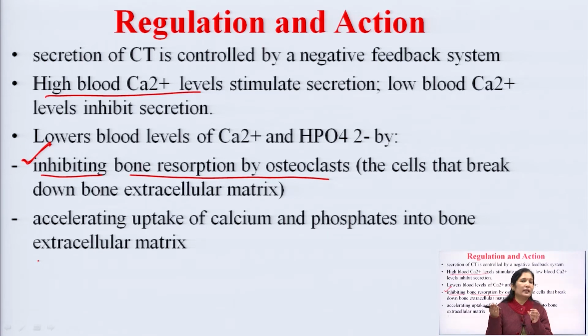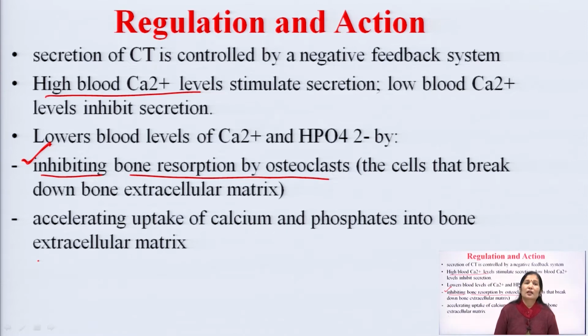There is already an increase in the blood calcium level, and an increase in blood calcium level releases calcitonin. Calcitonin will stop osteoclast activity, so that no bone resorption occurs. It will inhibit bone resorption, so that there will be no breakage of the extracellular matrix and no release of calcium into the blood.